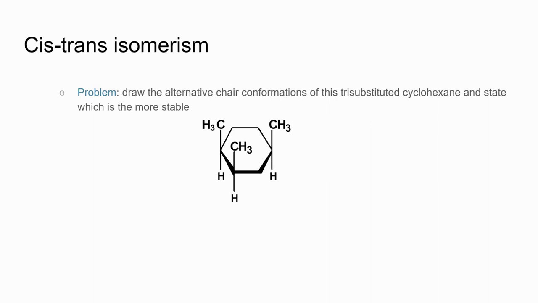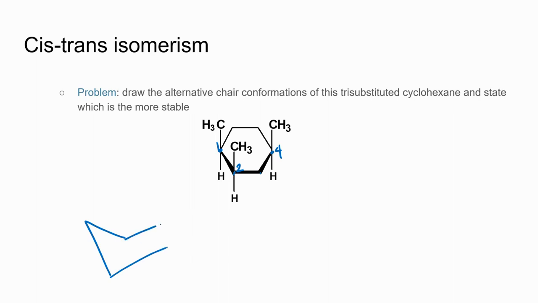Now, our last example says to draw the alternative chair conformations of a tri-substituted cyclohexane, where the methyl groups are all up, up, up relative to each other. And these are at the 1 and the 2 and the 4 carbon, at 1, 2, skip 3, and at 4. So we need methyl groups in those places.